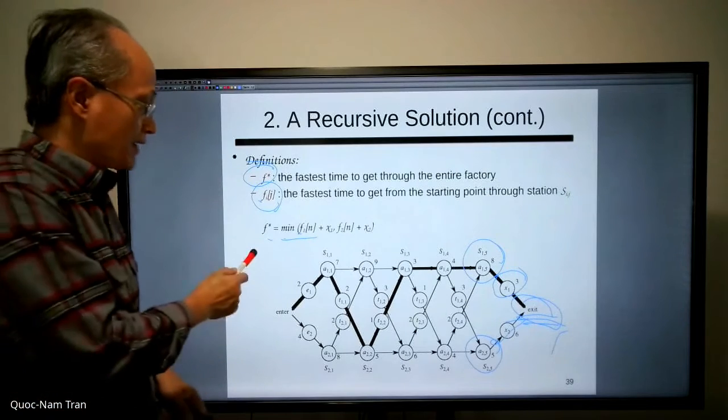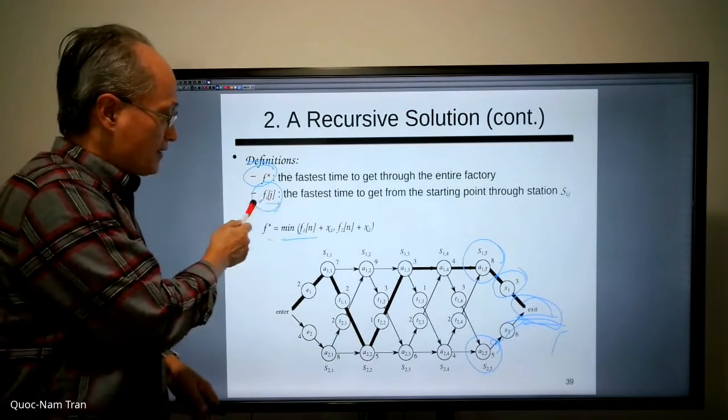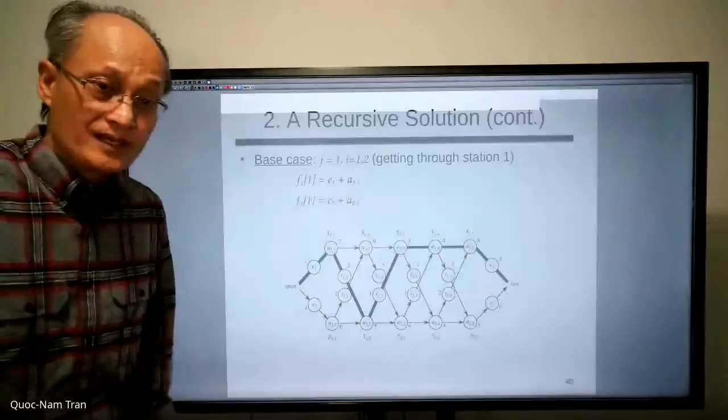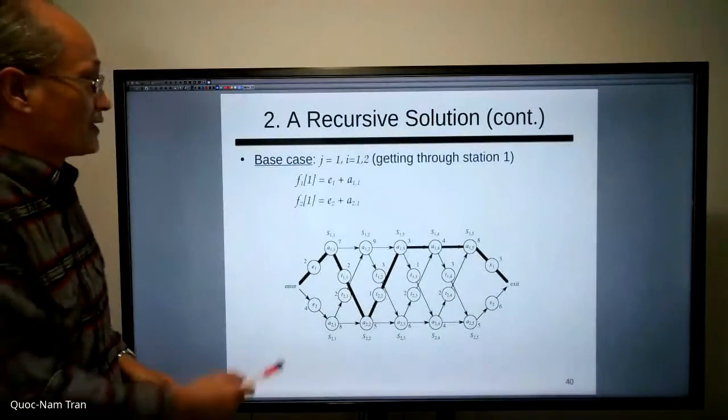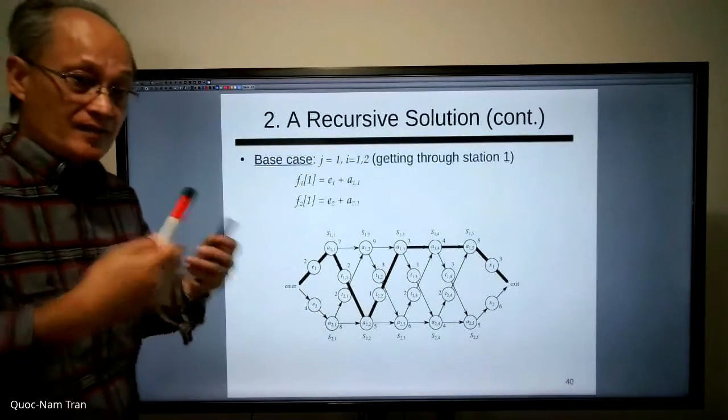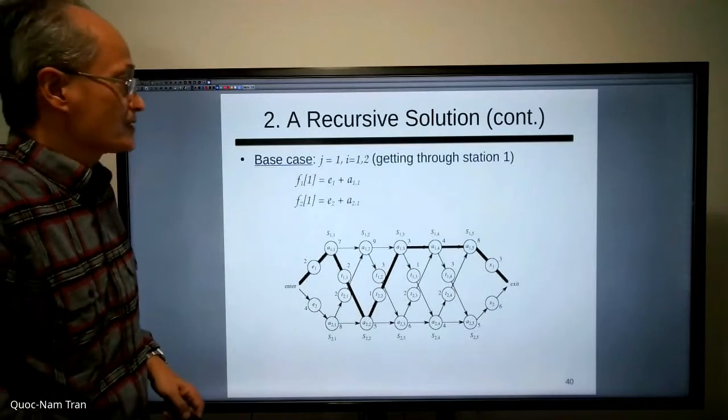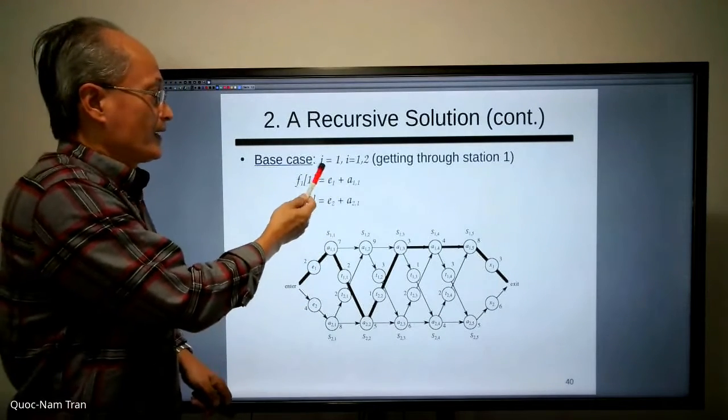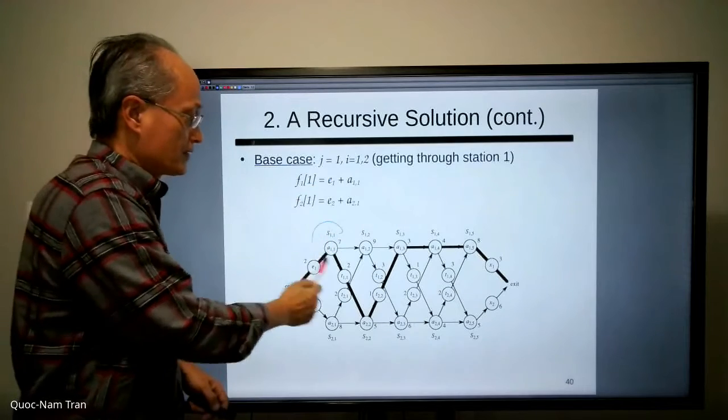The recursive algorithm for finding Fij will be, at the beginning, the base case for the first station.